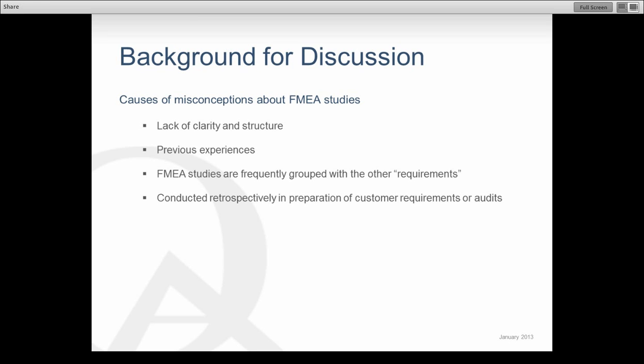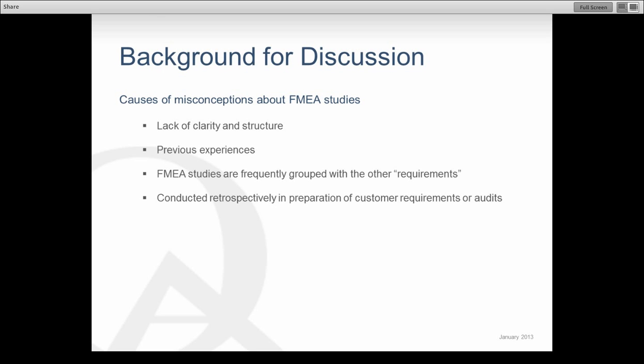The other cause for misconception is sometimes FMEAs are grouped with other required documents. They're seen as just another requirement or an added documentation need, and not seen for the value that they could actually contribute to a product or process. And when you group them with other requirements, they're often conducted retrospectively. You might be running a process for several months before a customer requires this type of documentation, and the team goes back and reviews it and says, okay, these are the problems that we have identified.